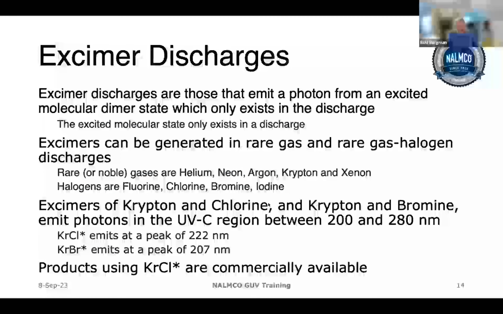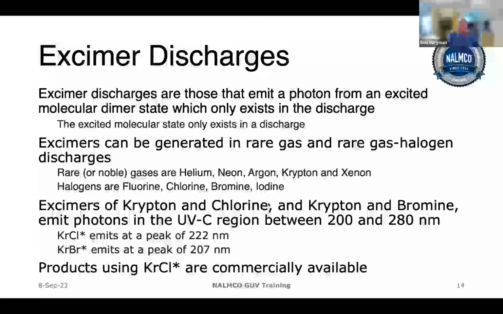What is an excimer discharge? Well, it's a special kind of discharge gas where you get two atoms, for example chlorine and krypton, become excited and they form a dimer.